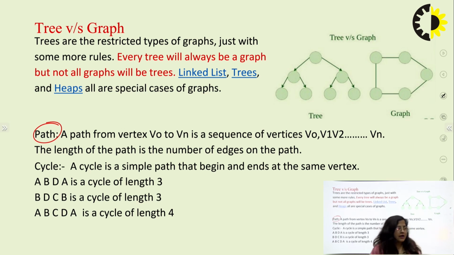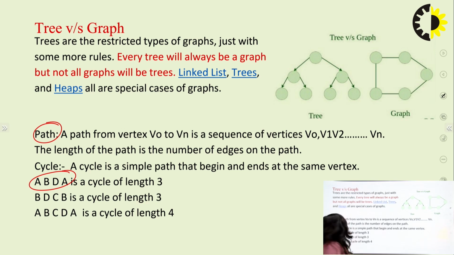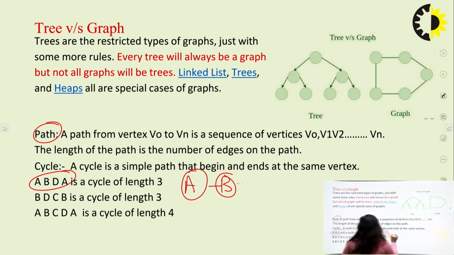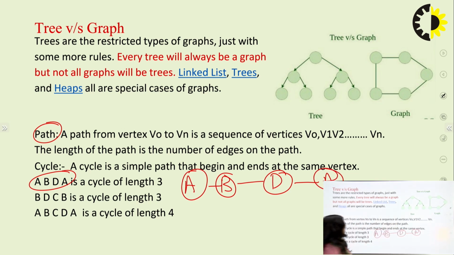Let's suppose you want to move from A to A. Here A to B, B to D and D to A. How many edges are required? 3: 1, 2 and 3. So the path length of this cycle is 3.